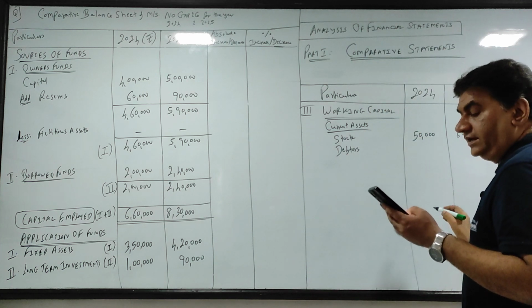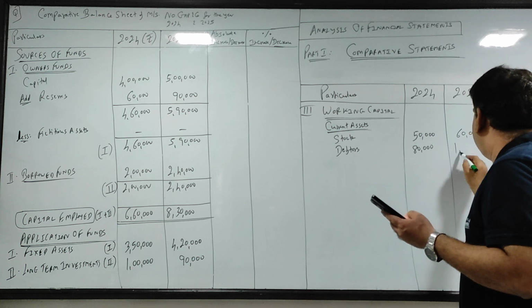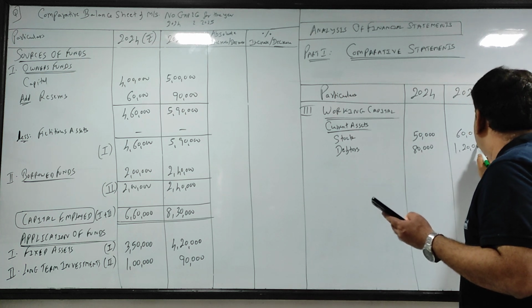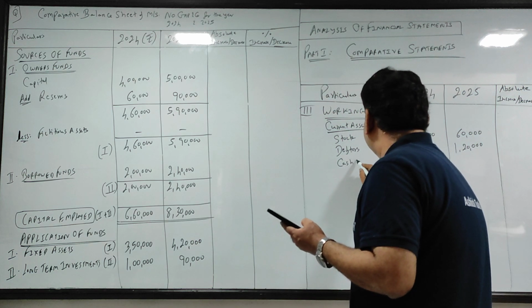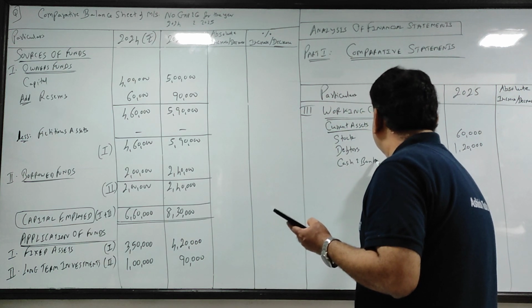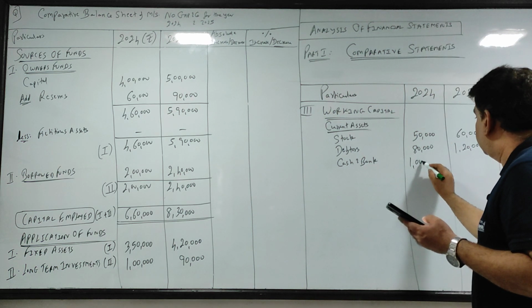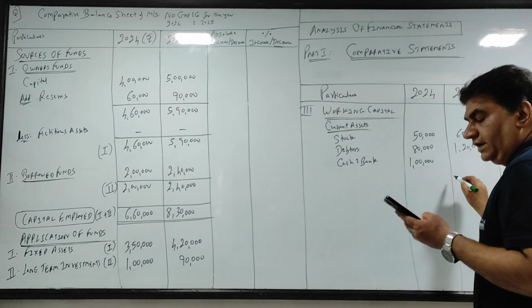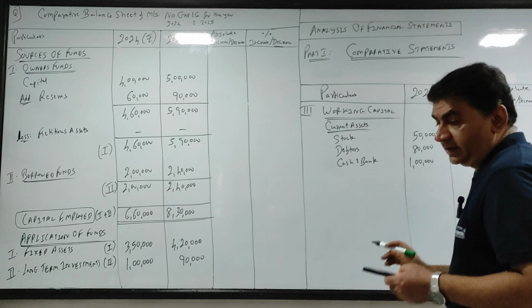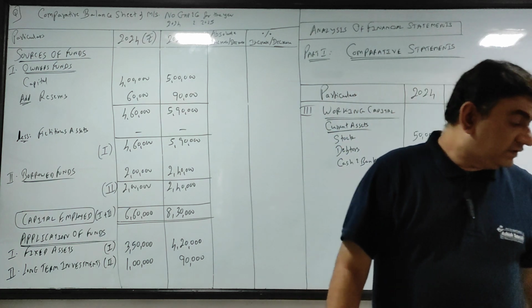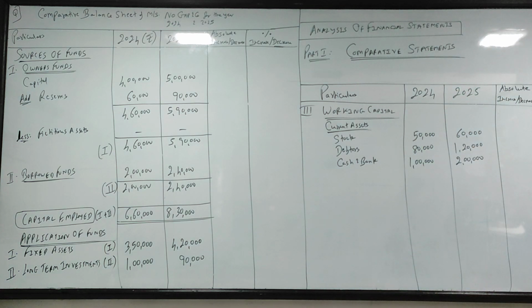Then you have debtors: 80,000, 1,20,000. Then you have cash and bank: 1 lakh and 2 lakh.